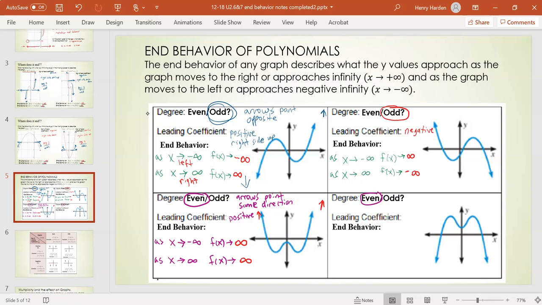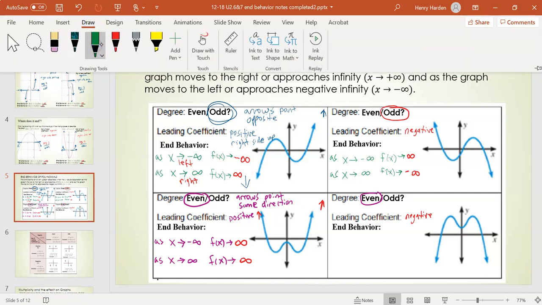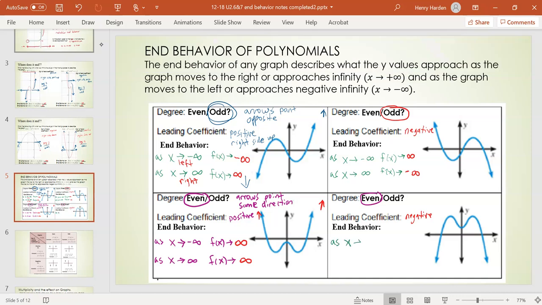Okay, over here, the leading coefficient for this one is negative because I'm looking at my graph. I see that the right side is down. So as x approaches infinity, so again, the left side and the right side, the function approaches either infinity or negative infinity.